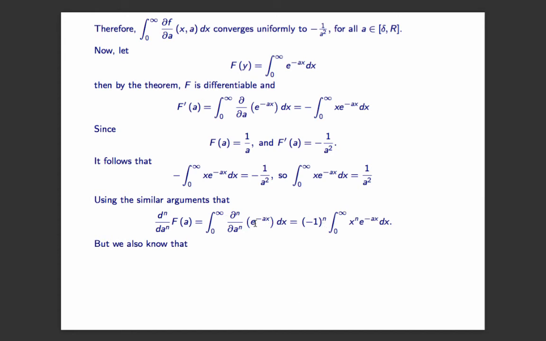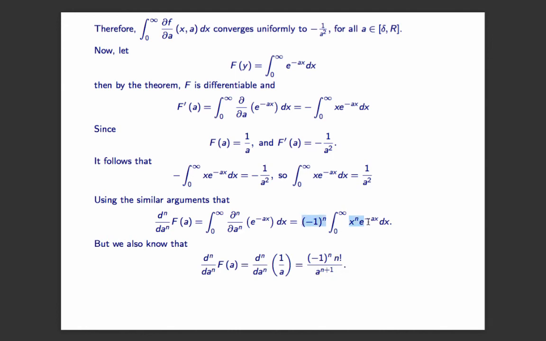If I continue taking derivatives of e to the negative ax, I'd get -1 to the nth power, because I'm going to be flipping signs as this comes down, right, times x to the n. Of course, we also know that f of a is 1 over a, and the nth derivative of 1 over a is -1 to the n times n factorial over a to the n plus 1.